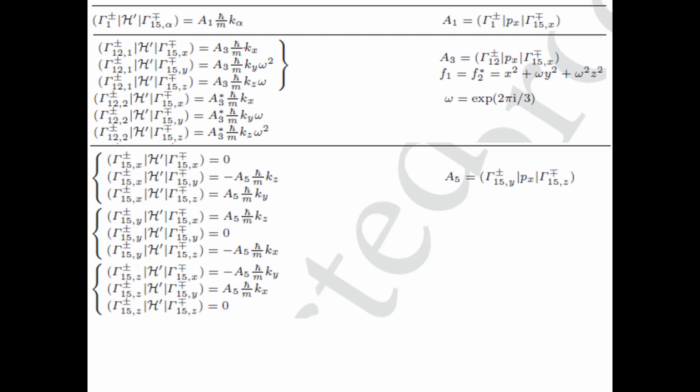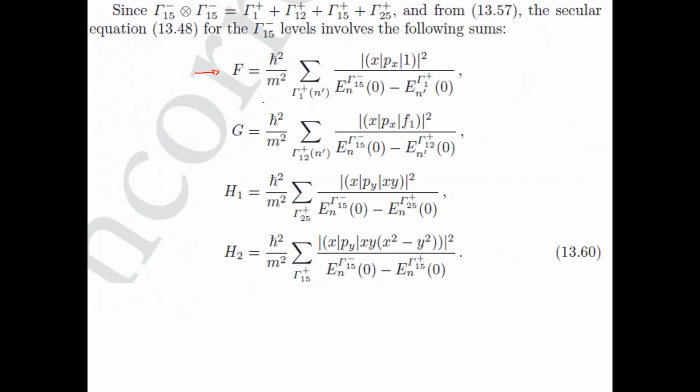So this guy A3 h bar over m kx is going to be there, and also, when I couple with the first partner, and when I couple with the second partner, I get the complex conjugate. But since I have a multiplication of absolute value, it's just twice the same thing, right?